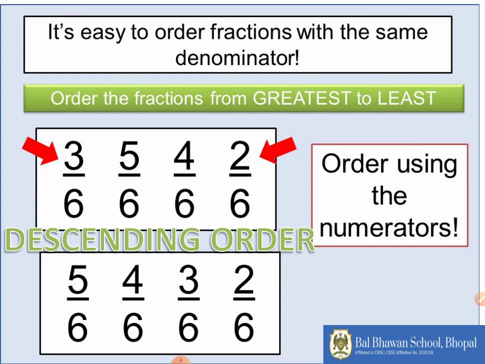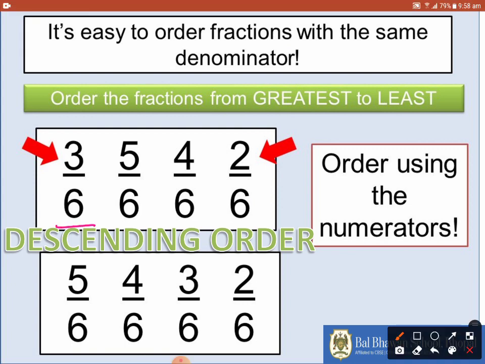Now one more example is about arranging fractions in descending order. Descending order means arranging from biggest to smallest. So out of the given examples, that is 3 by 6, 5 by 6, 4 by 6 and 2 by 6, we can easily identify the biggest fraction just by looking at the numerator. The fraction with the biggest numerator here is 5 upon 6.